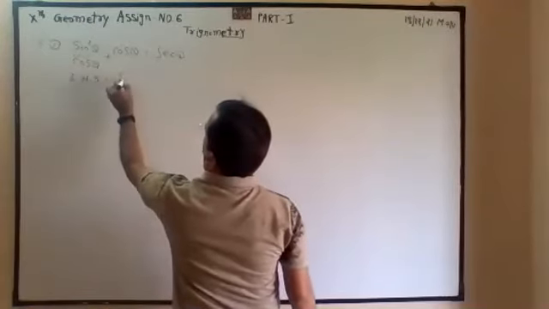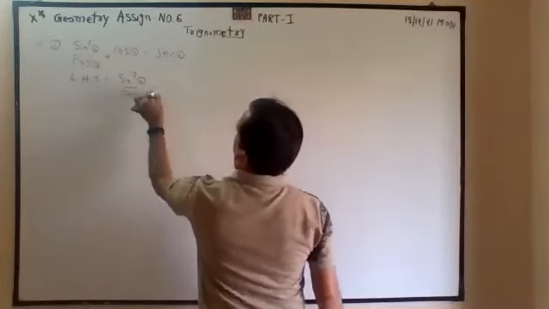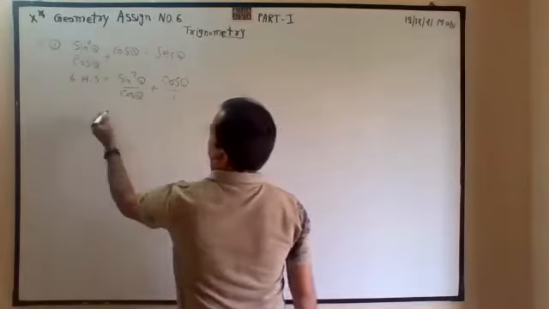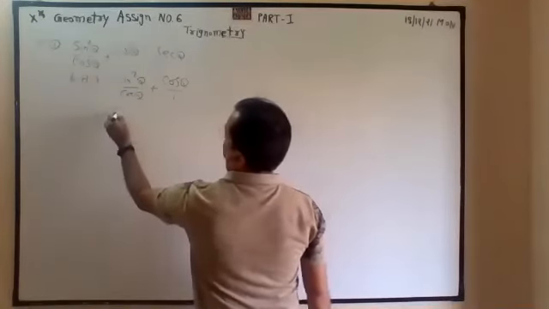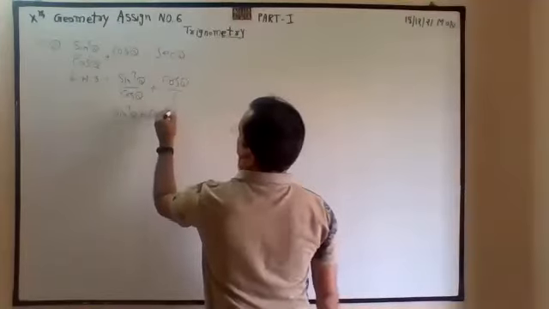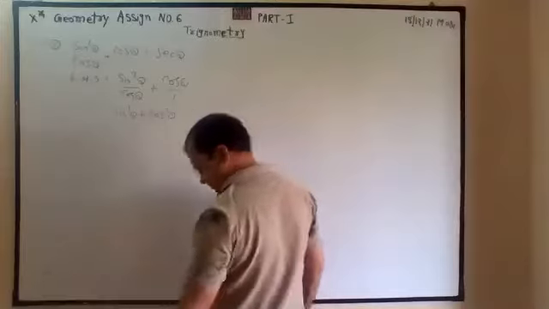is equal to sine square theta divided by cos theta plus cos theta by 1, taking cross product. So sine square theta plus cos square theta, why? Cos into cos, divided by cos theta.